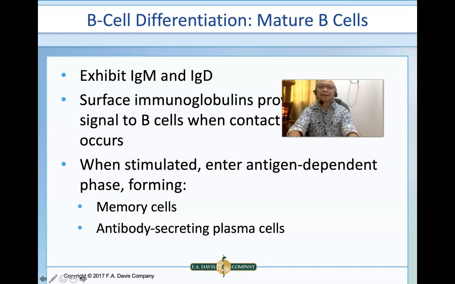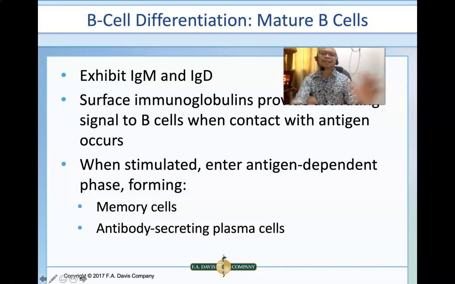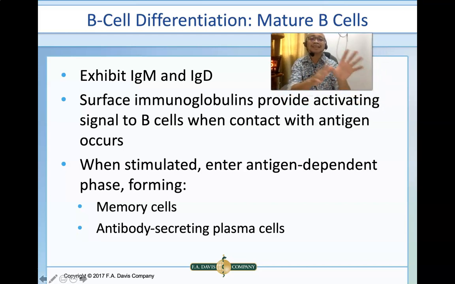Okay? So, mature B cells, what are the other characteristics of mature B cells? Mature B cells have the ability to exhibit IgM and IgD. So, by the way, these are classes of immunoglobulins. The surface immunoglobulins provide activating signal to B cells when they come into contact with antigen.